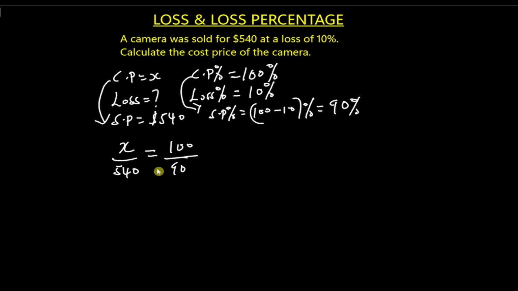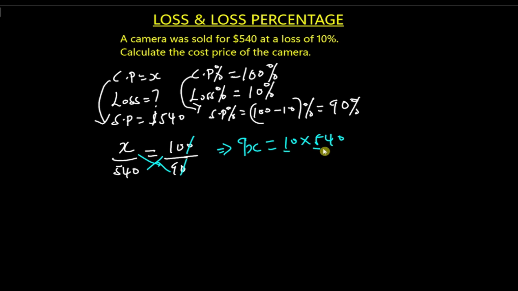But whenever you're coming to do cross multiplication, just look through if the numbers can cross out. Now as you can see, this 0 can cancel this 0. So you have x times 9, and then 10 times 540. So you have 9x, which is equal to 10 times 540.